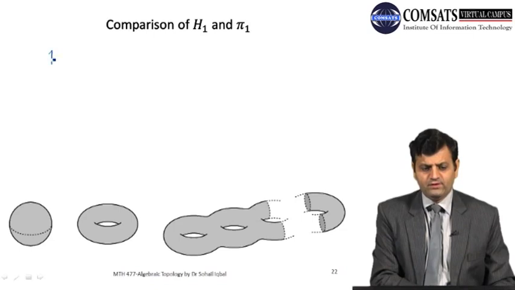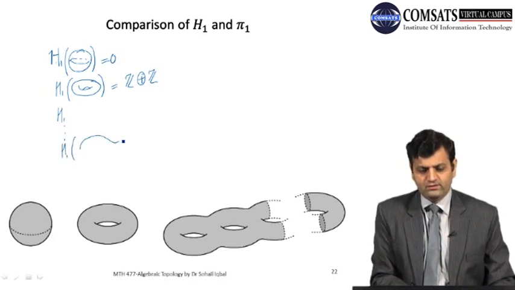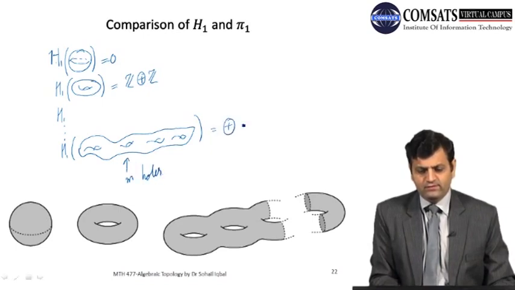Now in general, if I want to calculate H1 of the sphere, then this is 0 by our previous result, and if I want to calculate H1 of a torus, then this is equal to the free abelian group Z plus Z. In general, H1 of a surface of genus m, so if there are m holes in it, is the direct sum of Z's, 2m copies.